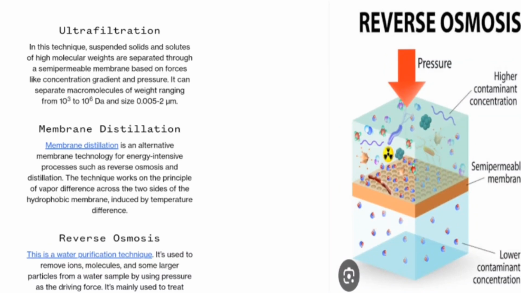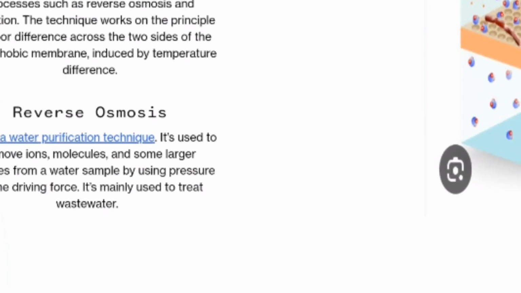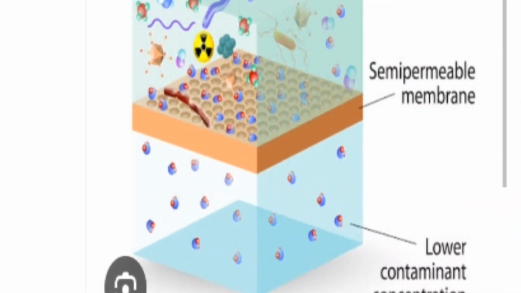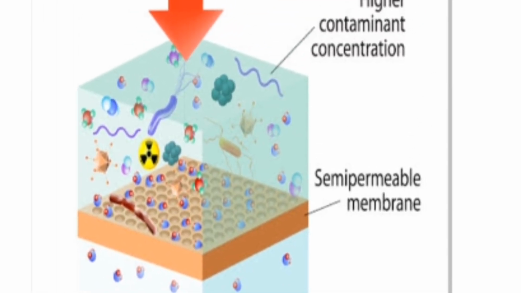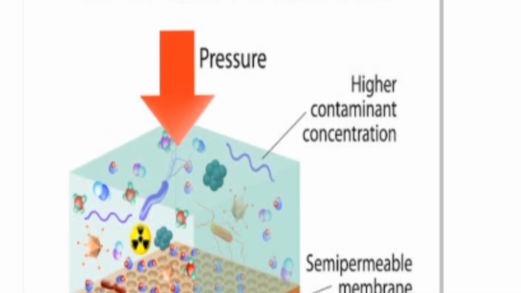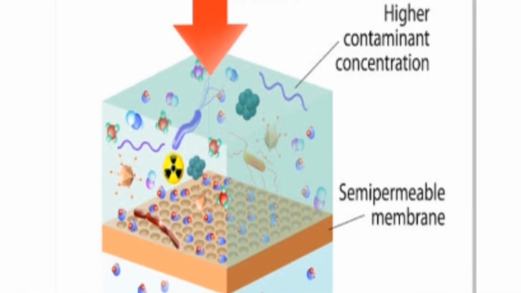You must know how to explain ultrafiltration, explain membrane distillation, explain reverse osmosis. The reverse osmosis is simply used to remove ions and some larger particles from a water sample by using pressure. So the underlying force that is used in purification by reverse osmosis is pressure, using pressure as a driving force. It's mainly used to treat wastewater. You can see this structure here. This is explaining how reverse osmosis is done. Look at the semi-permeable membrane in the middle. This is the highly contaminated water with high concentration of contaminants.